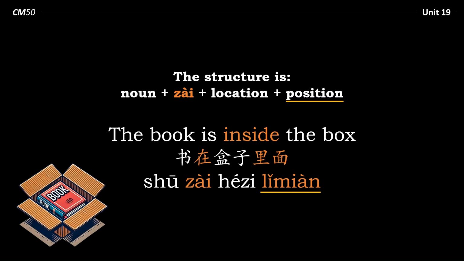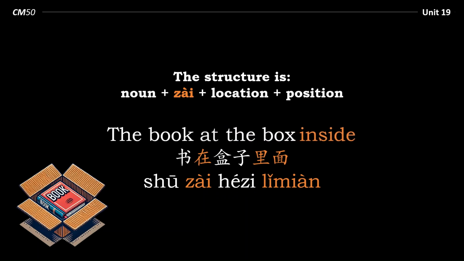So if we rearrange the English sentence to match the Chinese, it looks like this. The book, 书, at, 在, the box, 盒子, inside, 里面. So we can see how the structure of the Chinese is very different to the English.